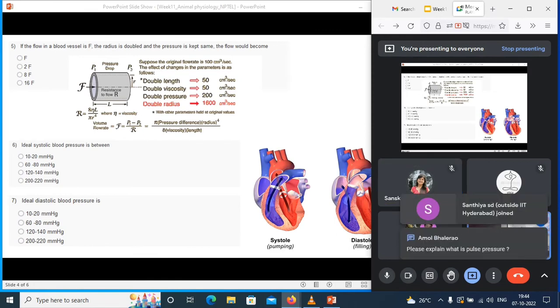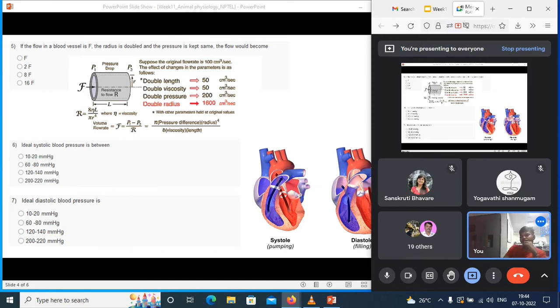Pulse pressure, okay. How can I define that? We can define in general terms that it is basically the systolic pressure. Okay, see, now what is the pulse rate? The pulse rate is basically 72 times per minute. This is basically the beat.